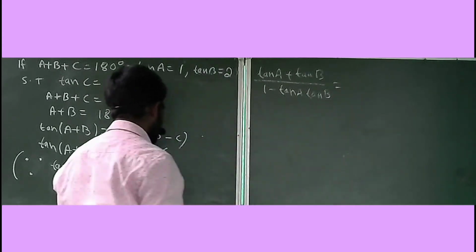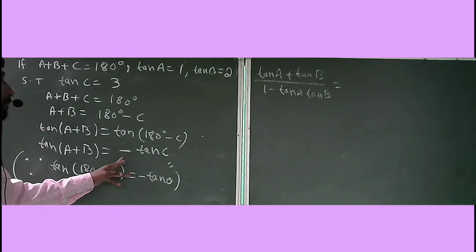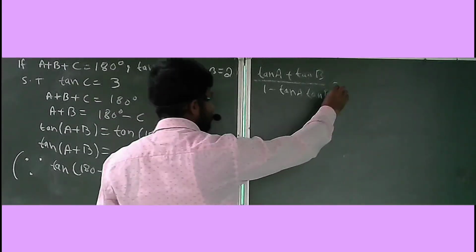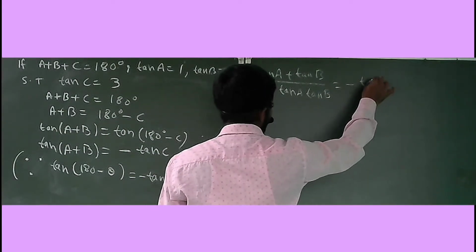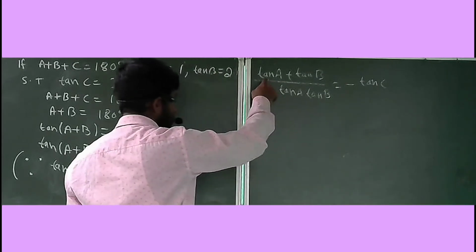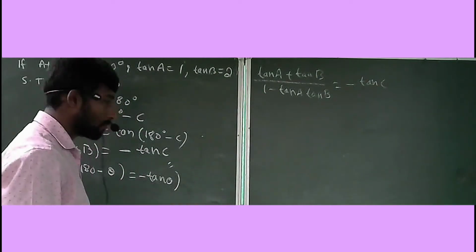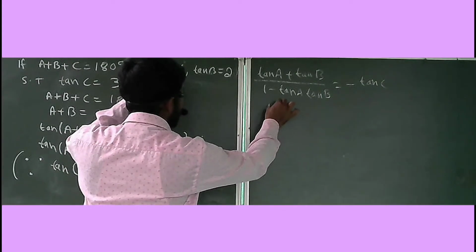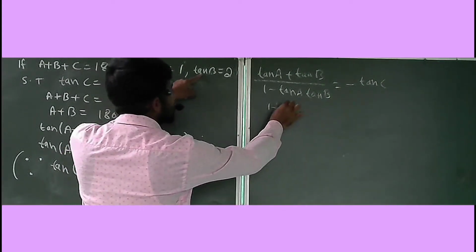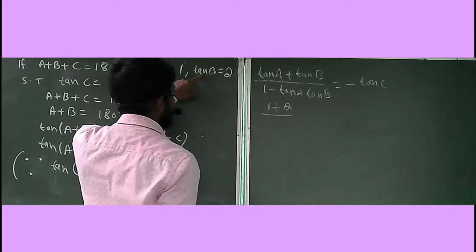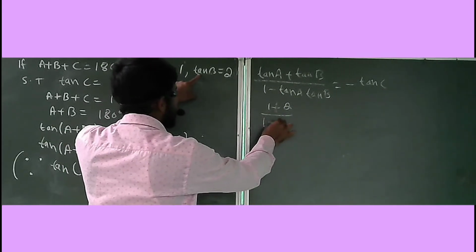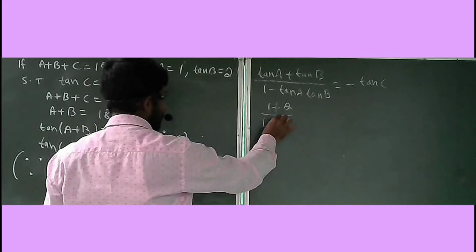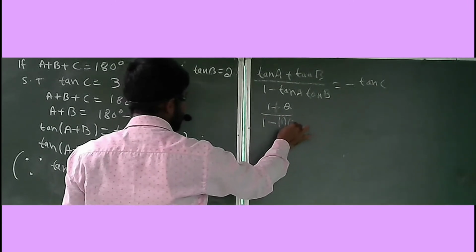Equal to, what's the RHS value? In the RHS, minus tan C is there. Substitute minus tan C. In the next step, see, what's the value of tan A? Given, right? Tan A value is 1 plus tan B value is 2, divided by 1 minus tan A into tan B, that is 1 into 2.